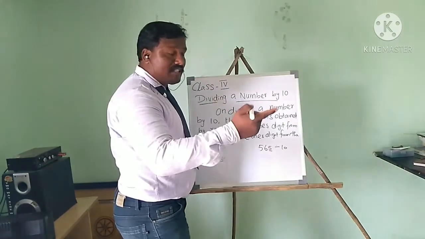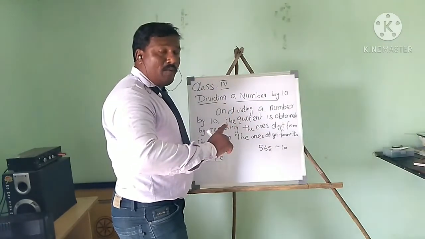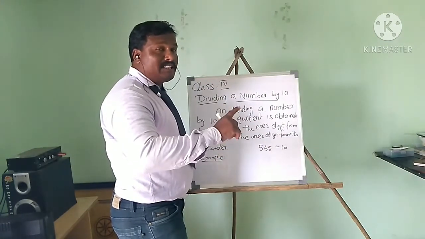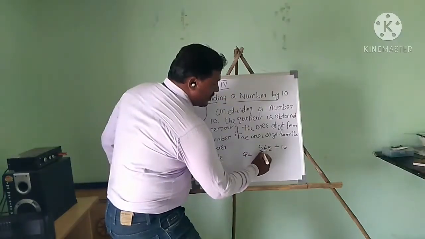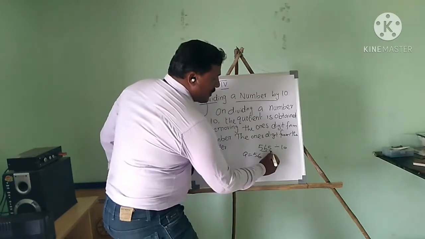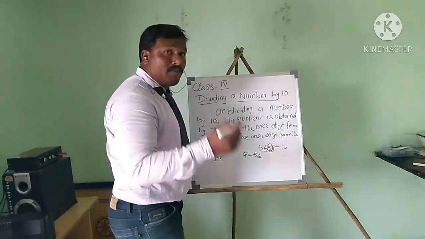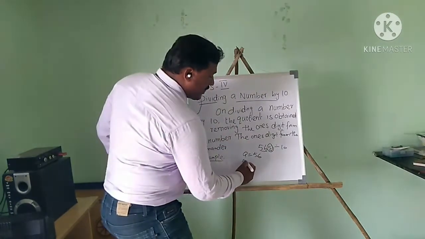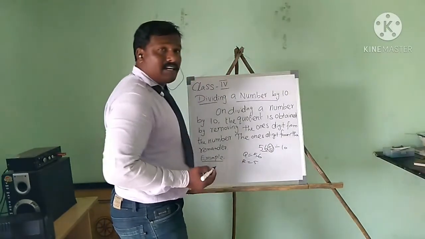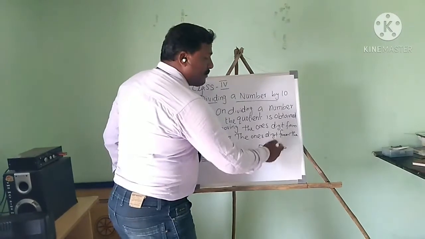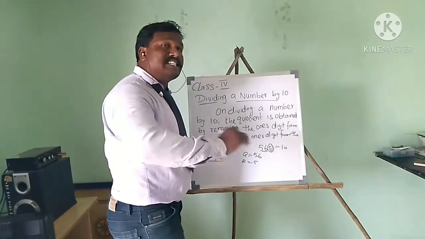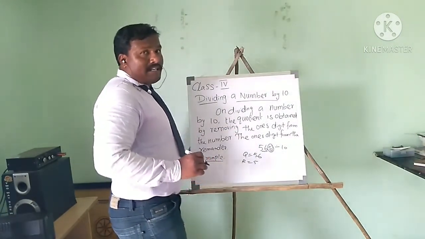Then the remaining digits are the quotient. So the quotient is 56. The ones place digit which we removed is the remainder. So 5 is the remainder. So without actual division, when you divide by 10, you can easily find the quotient and remainder.